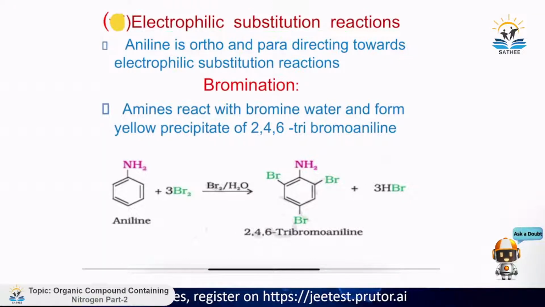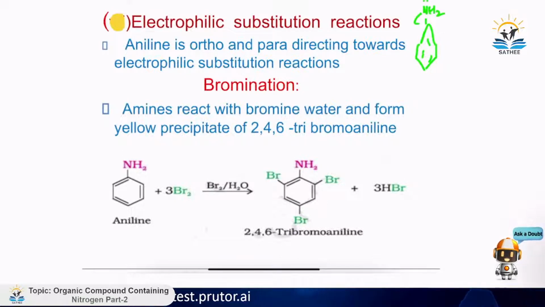Why? Because if we make the structure of aniline, we see that the nitrogen has a lone pair which will be involved in resonance. It will give its electron inside the ring and resonance structures will be formed. So aniline is ortho and para directing.